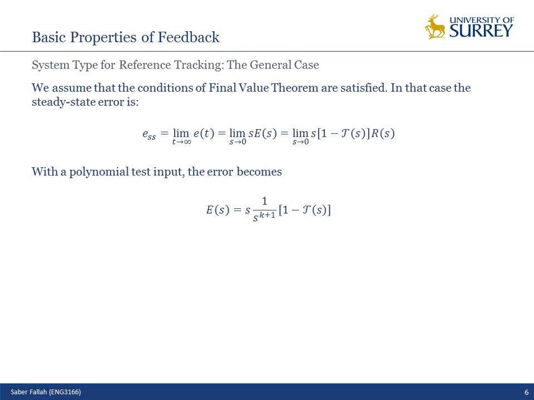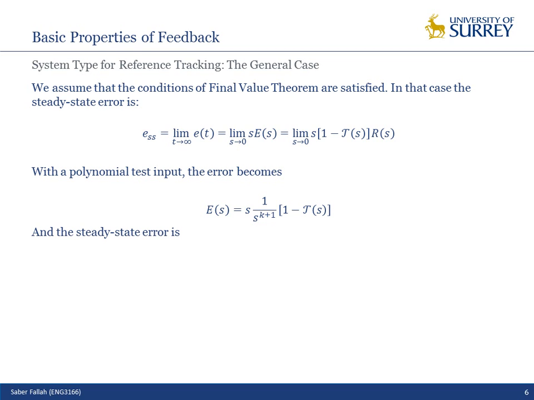Ramp input, 1 over s squared. Parabola input, 1 over s cubed. That's why we can show any input as 1 over s to the k plus 1. I show it as s to the k plus 1 because one power of s will be cancelled out with this s, and I will have just 1 over s to the k.